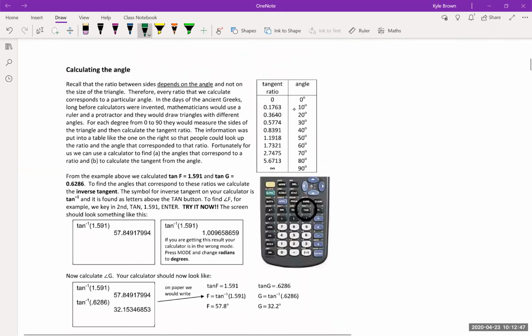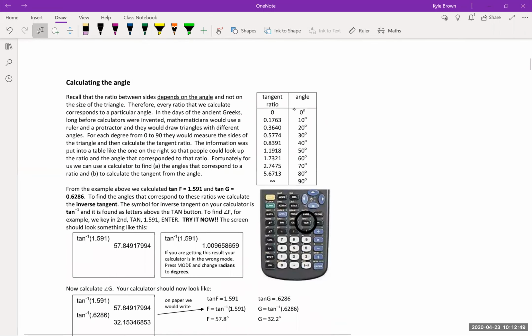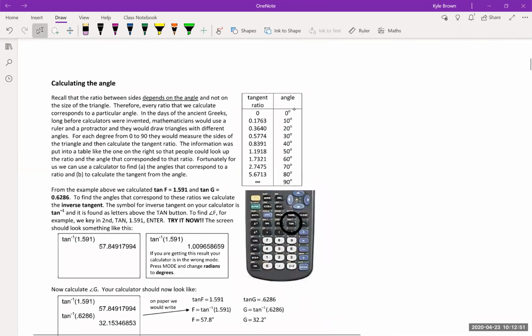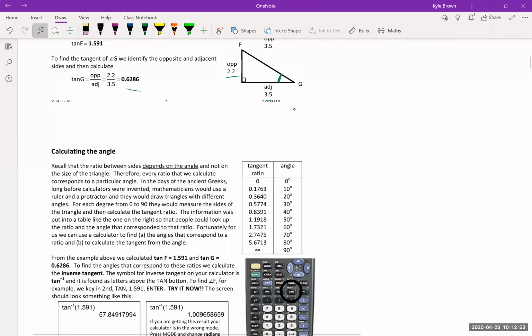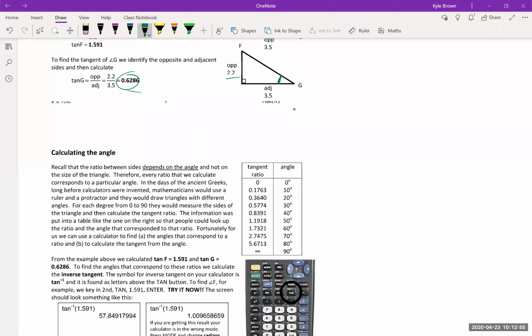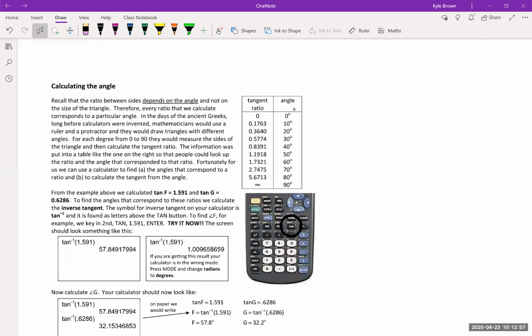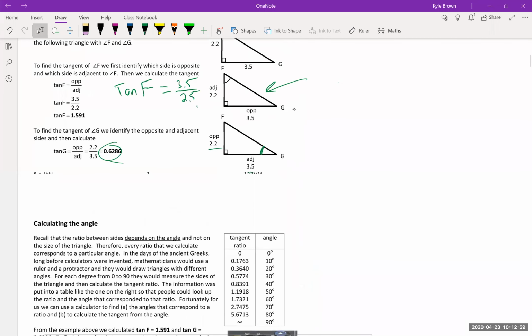So now, why is that useful, right? Well, that's useful because we can actually calculate the angle based on these ratios. What the Greeks did a long time ago is they would measure out different triangles and divide them. They meticulously measured out, okay, 2.2 divided by 3.5, and got really accurate with it.